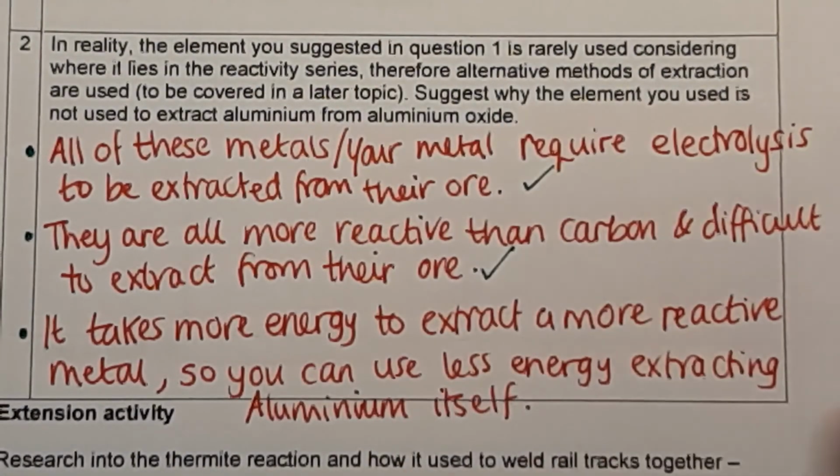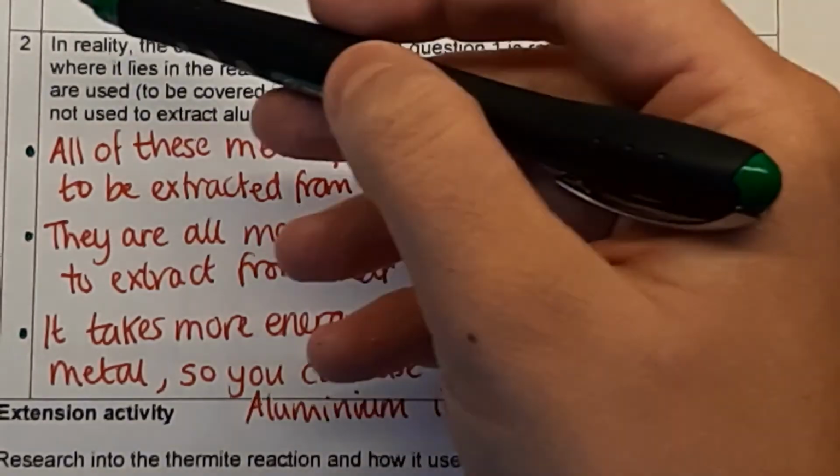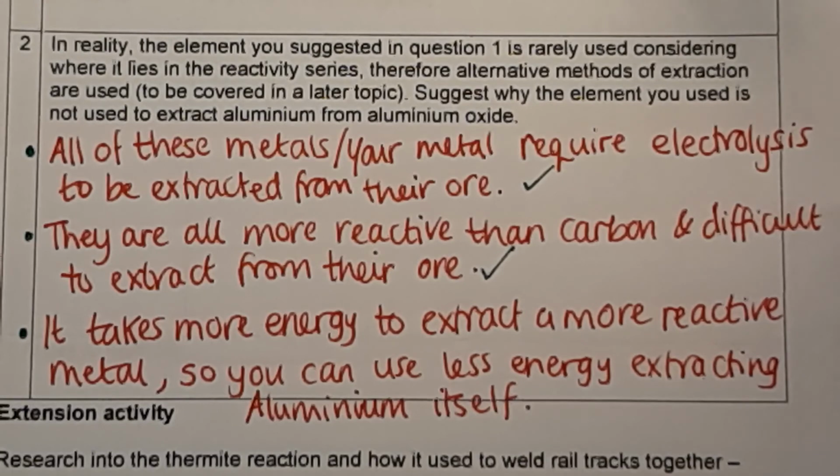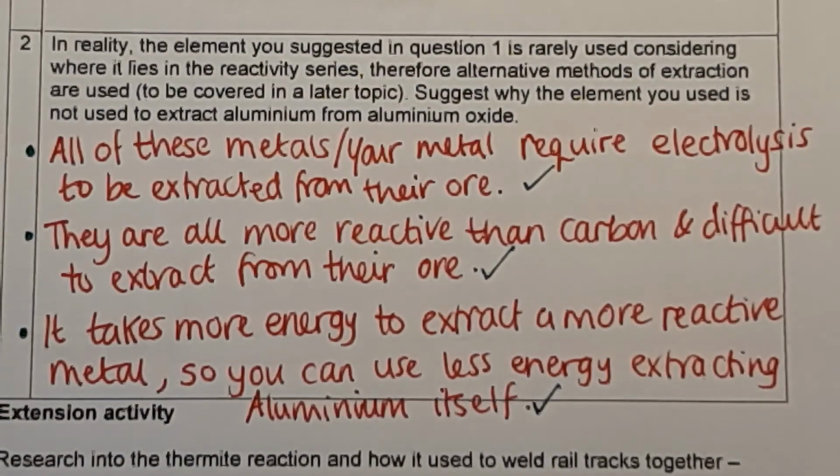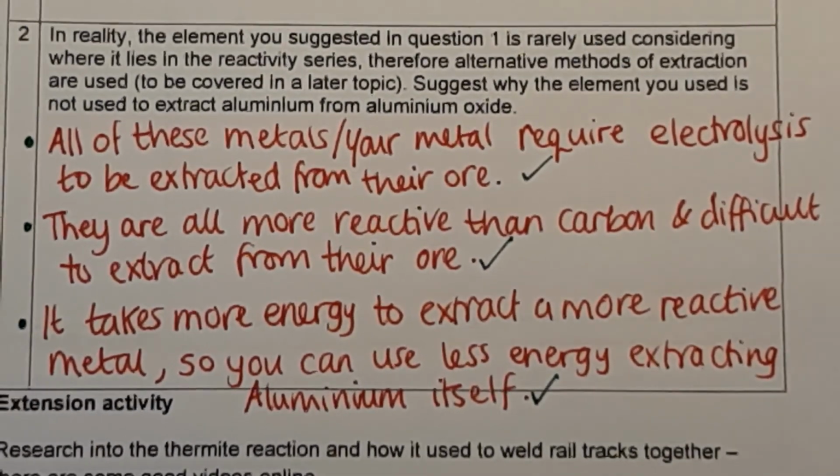So you could just use less energy to extract aluminium itself first instead, rather than spending the energy extracting the higher reactivity element to then extract this less reactive element. So anything along these lines is a perfectly acceptable answer to this question.